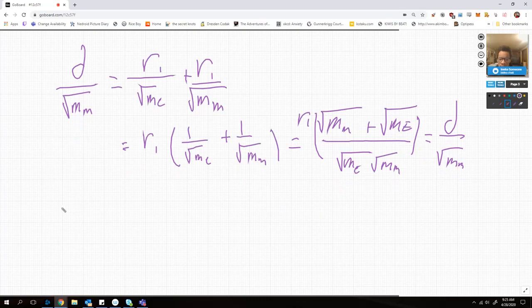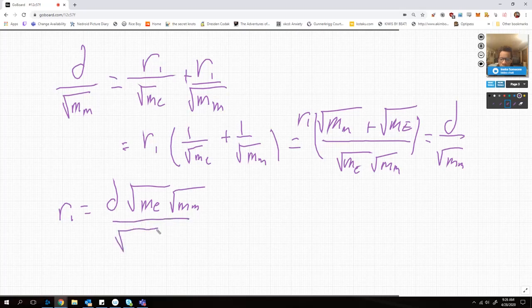So we'll get R1 equals D times square root mass of Earth times square root mass of moon over (square root mass of moon plus square root mass of Earth).